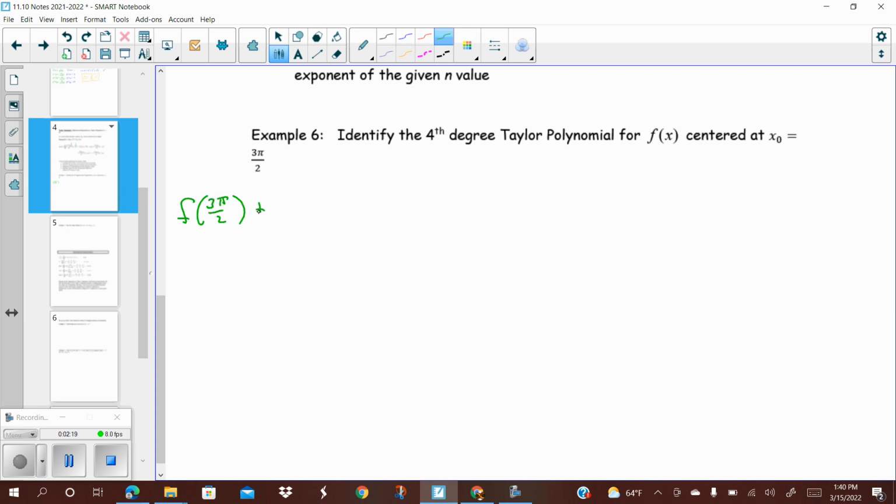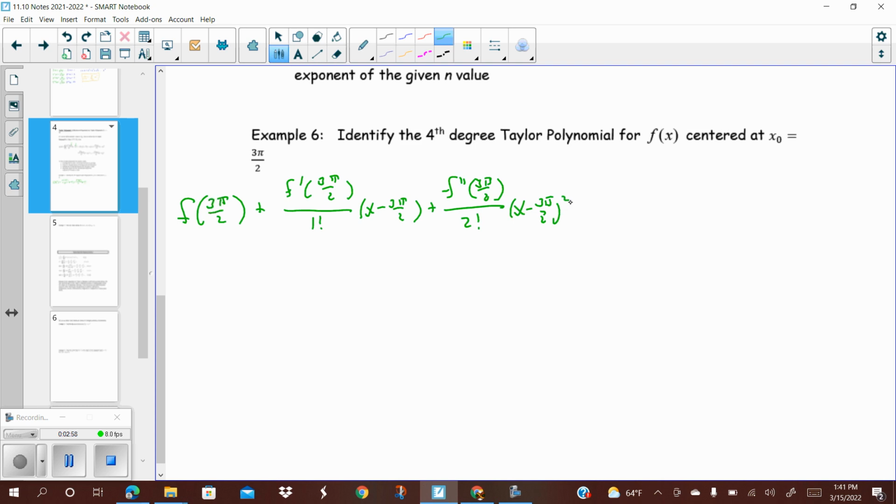Then we want to add to that our first derivative, so f prime at 3 pi halves over 1 factorial x minus the center, which is 3 pi halves to the first power, plus the second derivative evaluated at 3 pi halves over 2 factorial x minus 3 pi halves, you guessed it, squared.